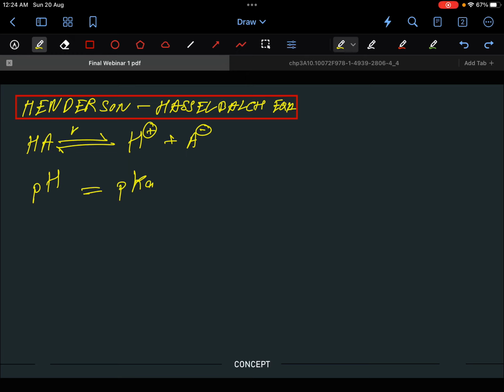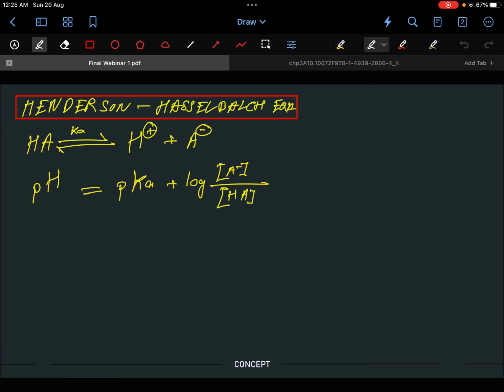Every reaction has a dissociation constant. So this is the dissociation constant of the acid, and this is the pKa. And what is P? I will tell you in a moment. So pH is equal to pKa plus log of the concentration of A minus divided by the concentration of HA.